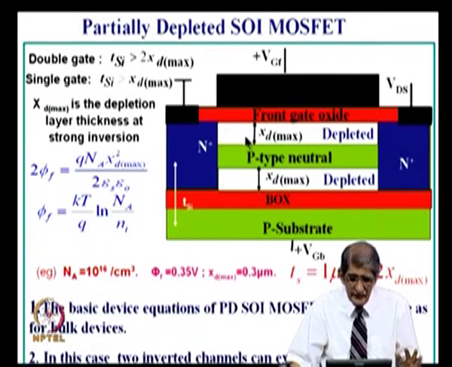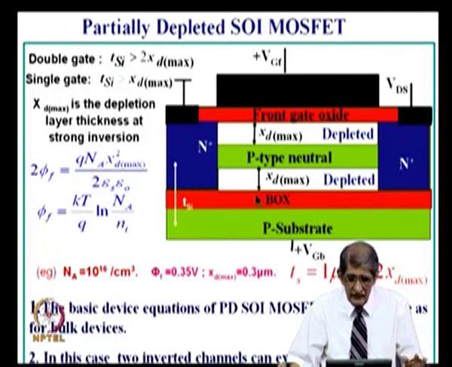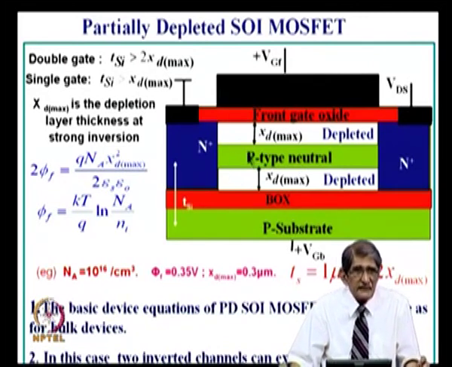But now you can see there is no difference between the bulk MOSFET and this. You have one MOSFET on the top and another MOSFET on the back. It is like putting two MOSFETs in parallel. There is no coupling between this region and this region, they are isolated, that is partially depleted.